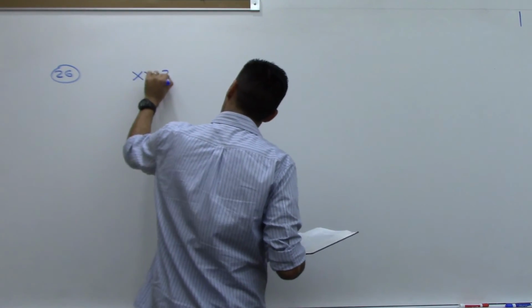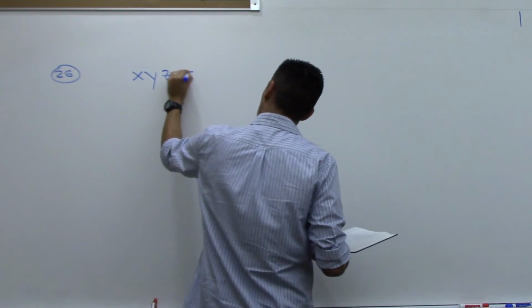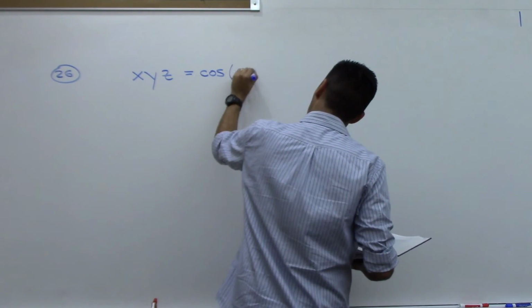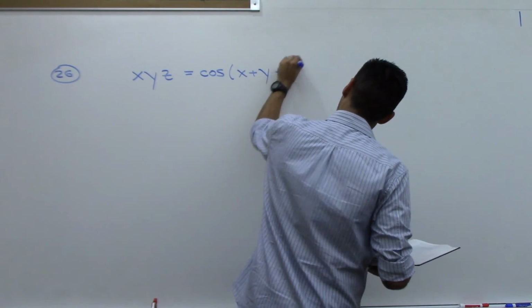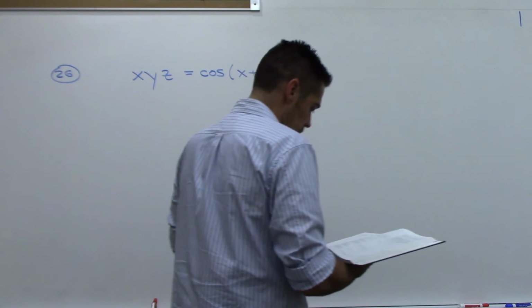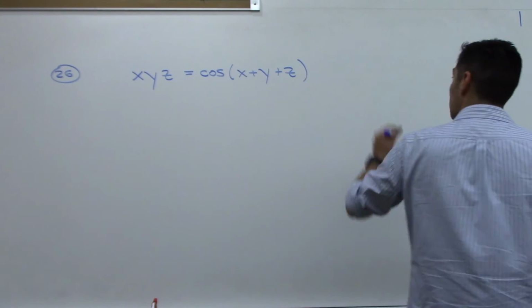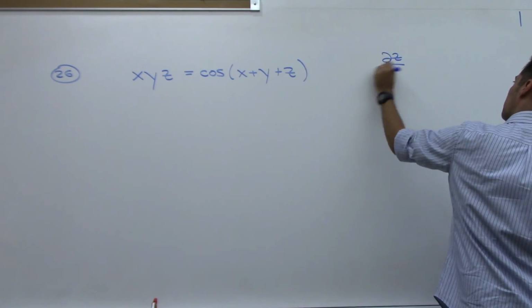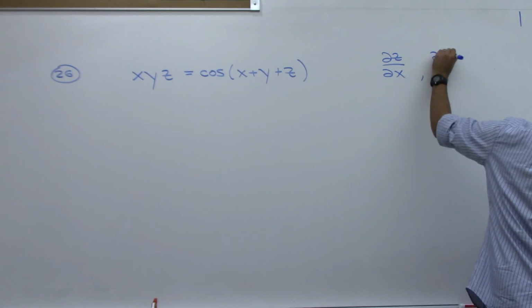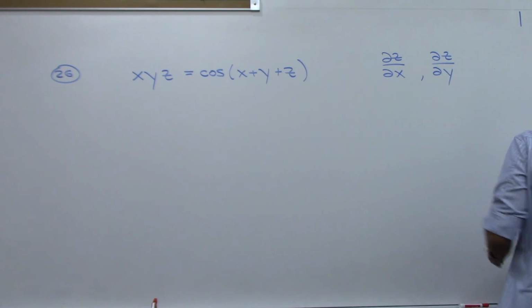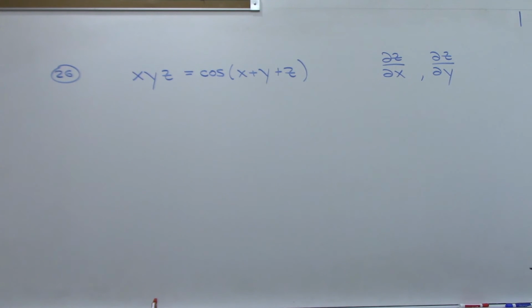xyz equals cosine of x plus y plus z. And we're asked to use the equations which I gave you in class, partial z with respect to x and partial z with respect to y. Now these are in your book also on page 655.